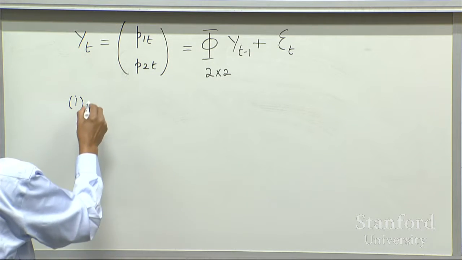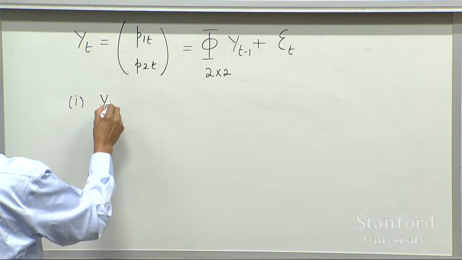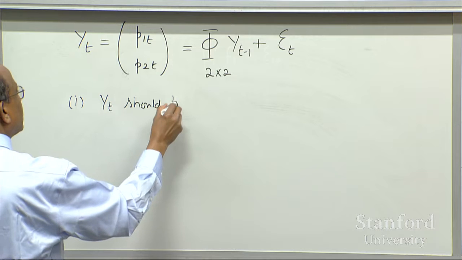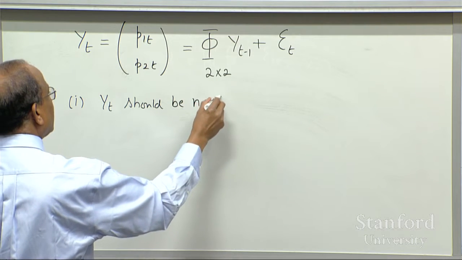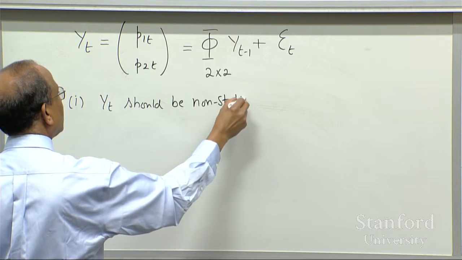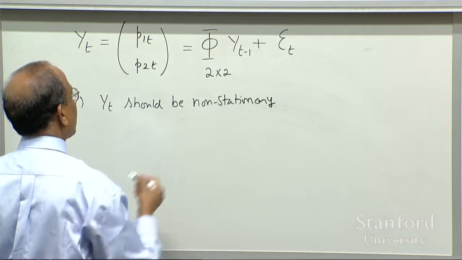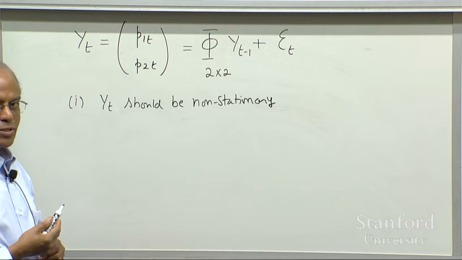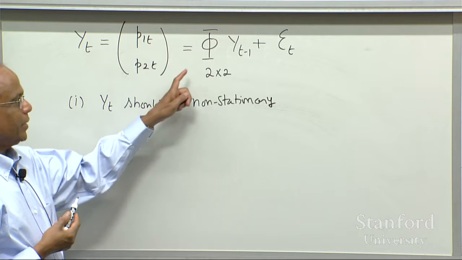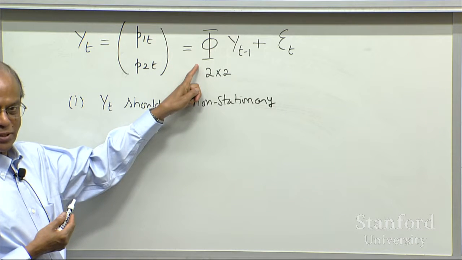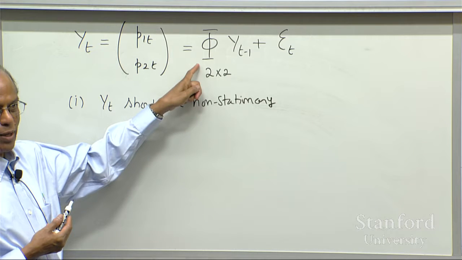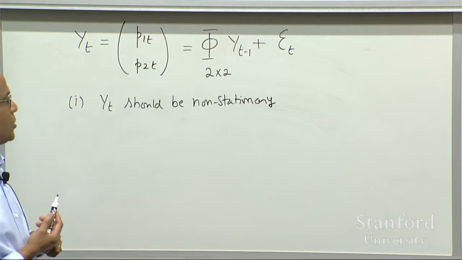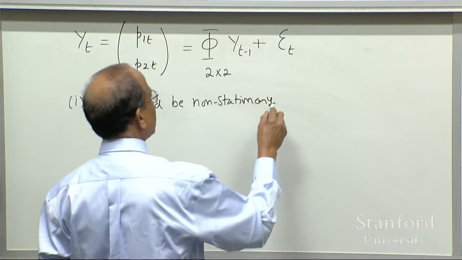First of all, the process yt should be non-stationary. How do you check on the non-stationarity of this process? By checking the eigenvalues of this pi matrix. If they are close to 1, that means it is non-stationary. Okay.